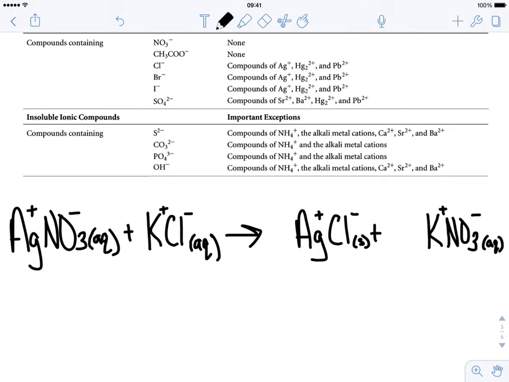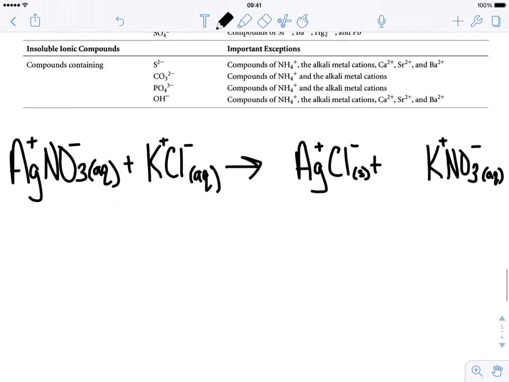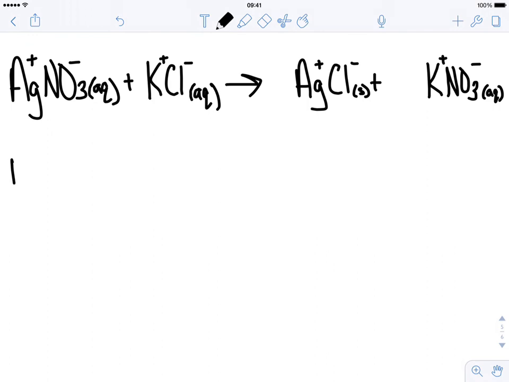Okay, so we have our reactants, we correctly wrote our products, and now we've identified which one forms a precipitate. The last step is to balance. Now, when you're balancing precipitation reactions, instead of writing silver, N, O, K, and Cl, it will make your life so much easier if you keep the polyatomic ions together.